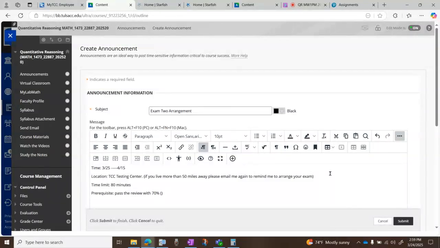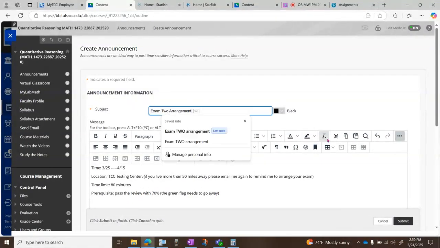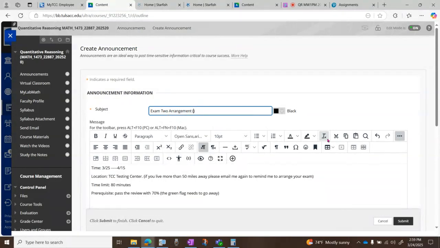The green flag needs to go away before you take the exam. All right? Time, location, time limit, chapters. It covers chapters 8 and 9. Yep.